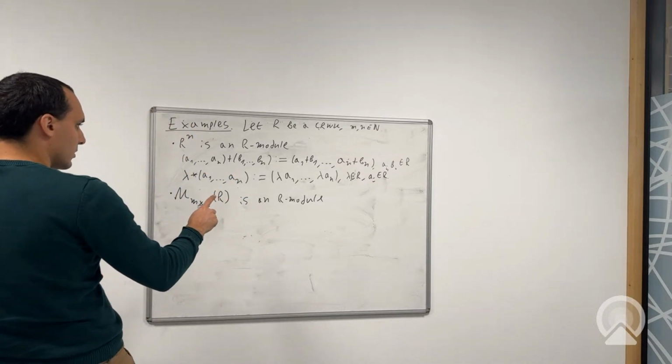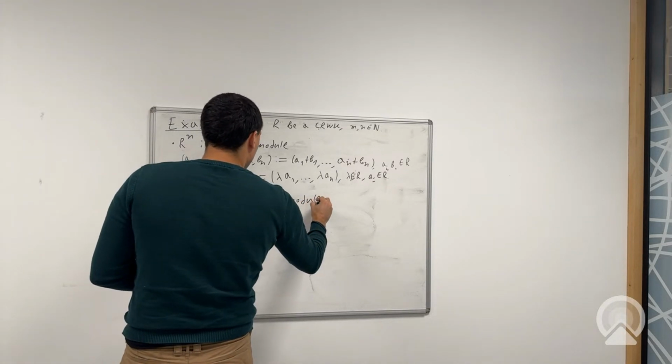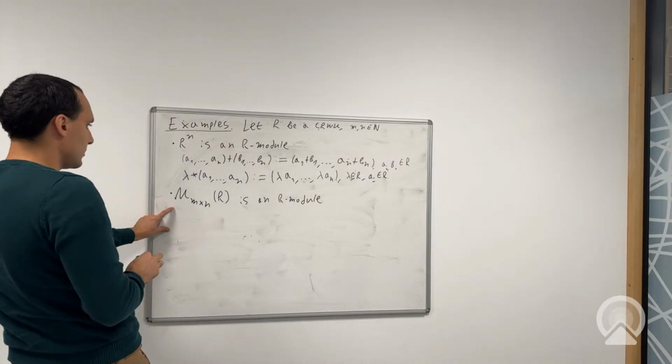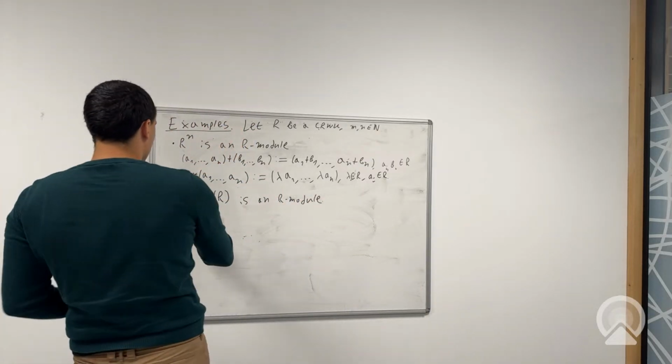So we have an R module, and we have 2 matrices.